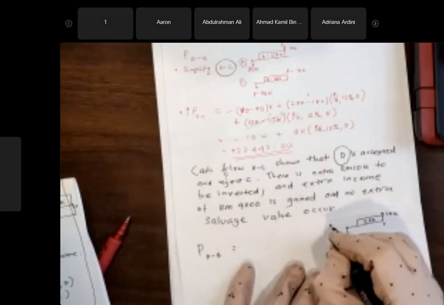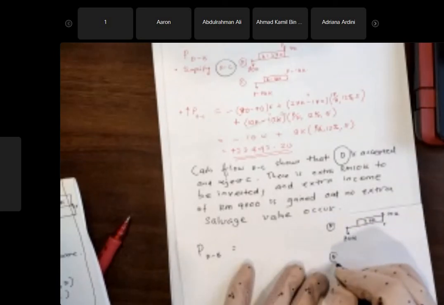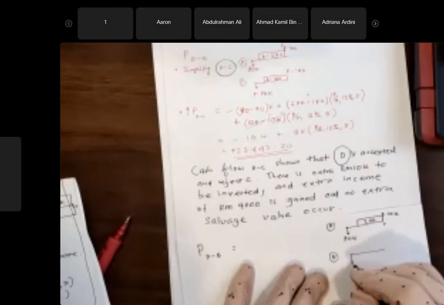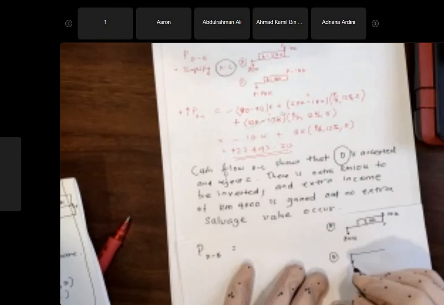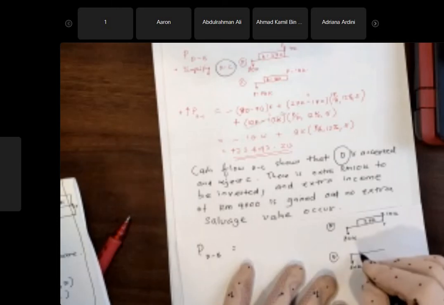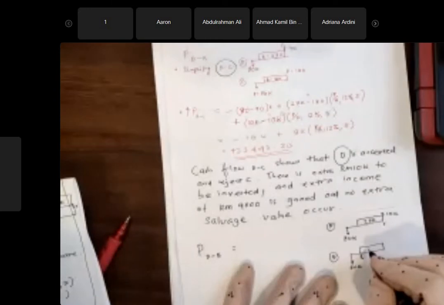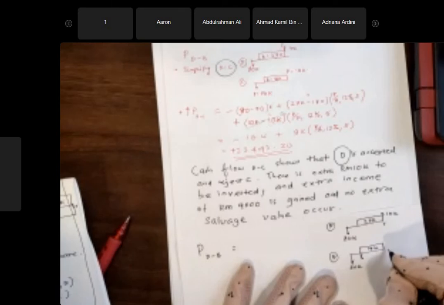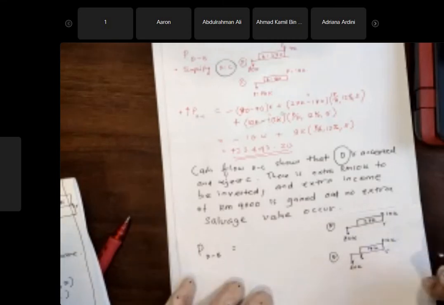This is D and B. B is 60K. This one is 70. Okay, this one is 5.